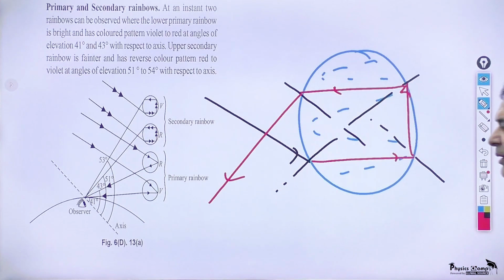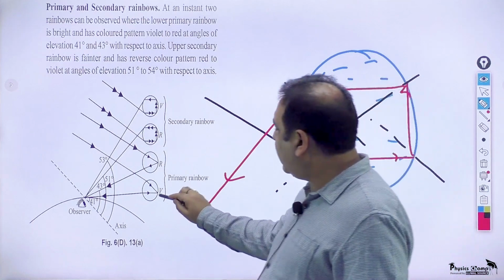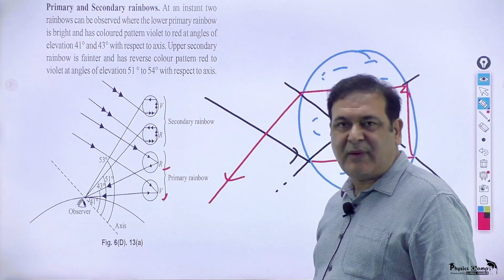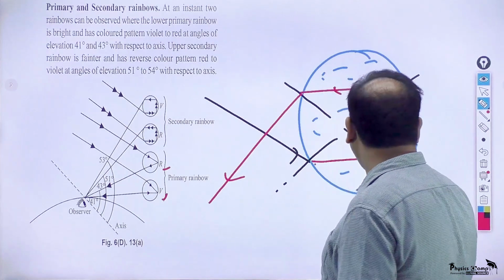So over here you have seen, as compared to the primary rainbow, in the secondary rainbow the light that we finally receive is after 4 time losses.